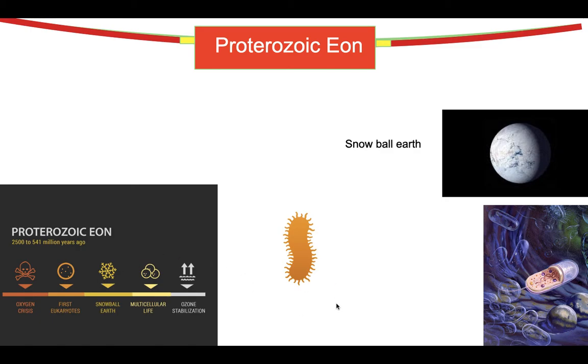The first eukaryotic cells would have happened when first we had a big bacteria, and then this bacteria engulfed or ate another bacteria. This bacteria didn't die when the other bacteria ate it. Instead, it survived.